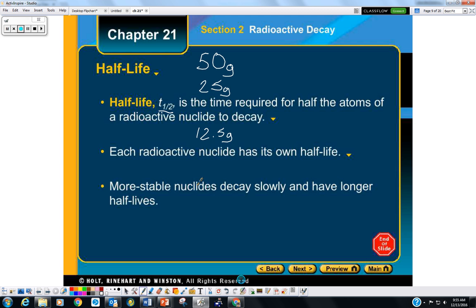Each radioactive nuclide has its own half-life. So every radioactive element, every radioactive thing that we experience has its own half-life. That half-life can be anywhere from a couple of hours to thousands, if not hundreds of thousands of years.